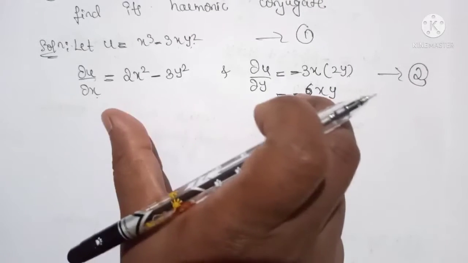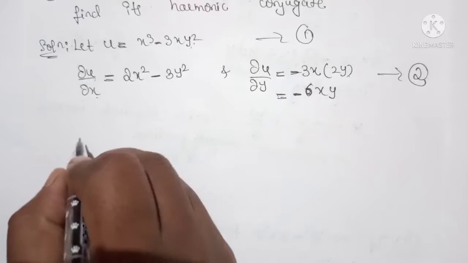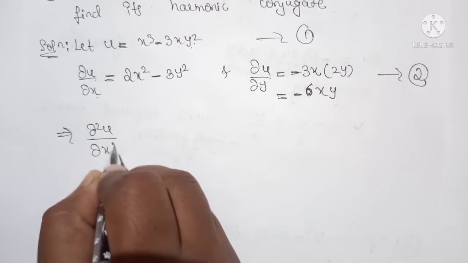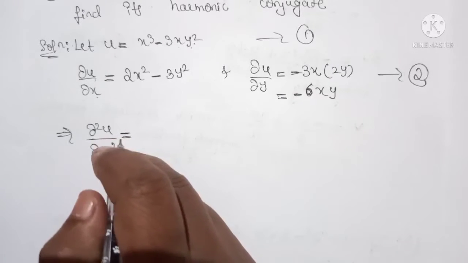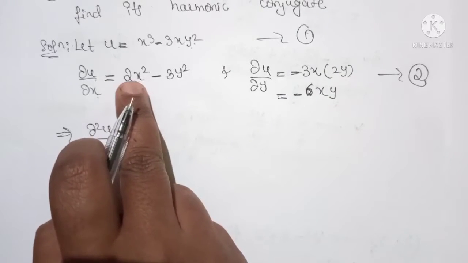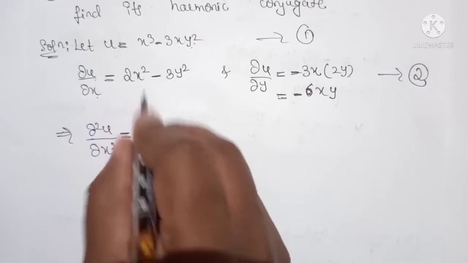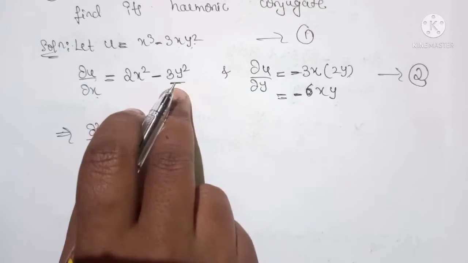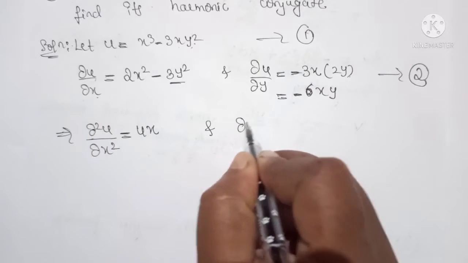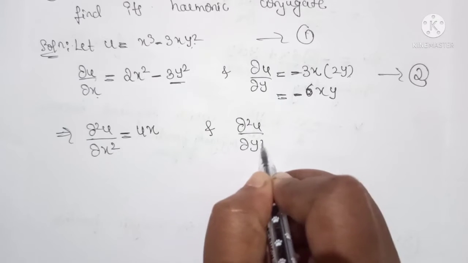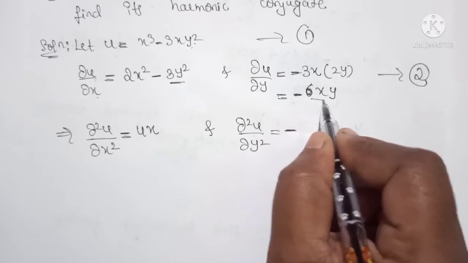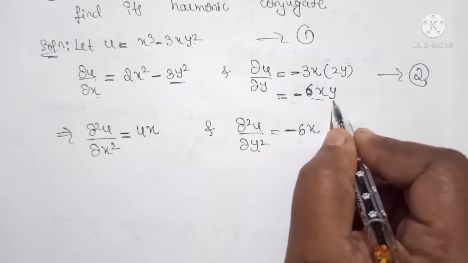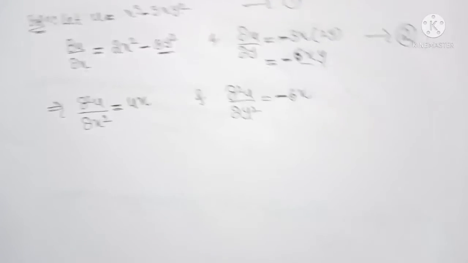Now again differentiating these two partially with respect to x and y, we get dou square u by dou x square is equal to, differentiating with respect to x, 3x square differentiation is 3 into 2, 6x, this being constant, therefore differentiation is 0, and dou square u by dou y square is minus, because we are differentiating with respect to y, 6x being constant and y differentiation is 1.